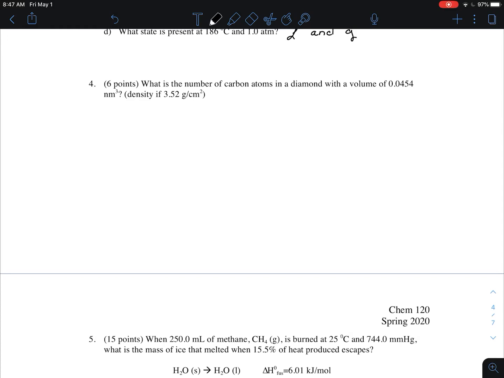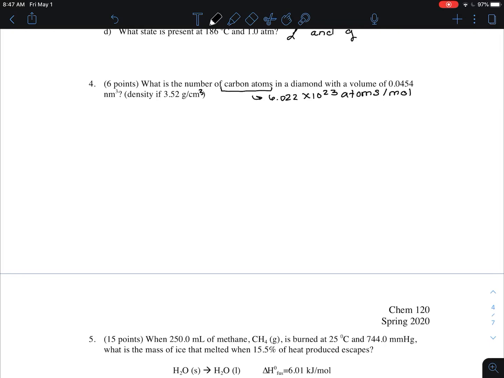Alrighty. What is the number of carbon atoms in a diamond with a volume of 0.0454 nanometers cubed and the density is 3.52 grams per centimeter cubed? Okay, so I want atoms. I already know if I want atoms, molecules, or ions per mole, I'm going to need to use Avogadro's number.